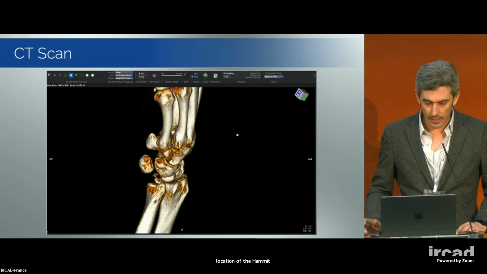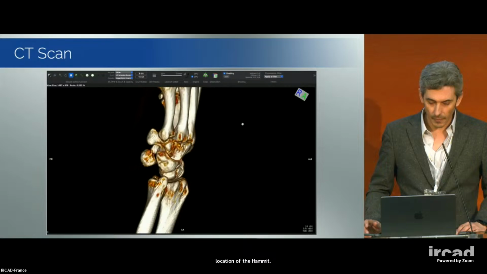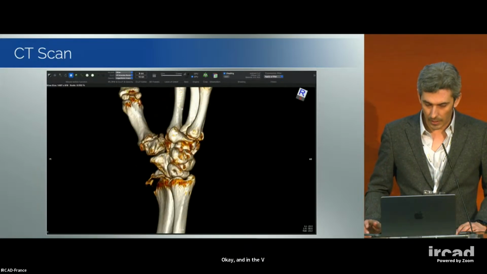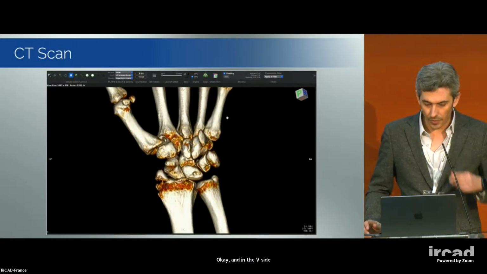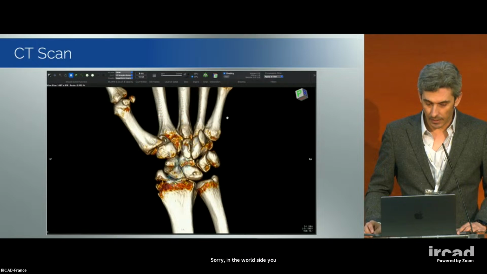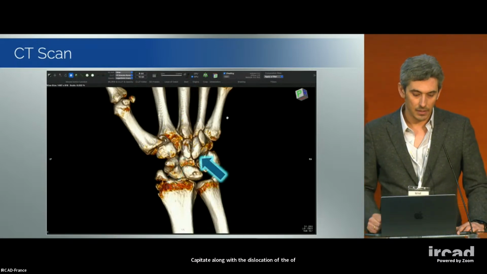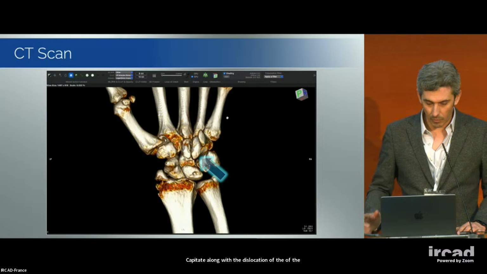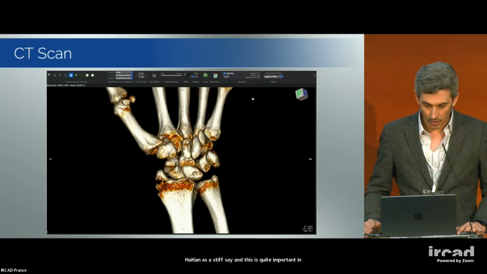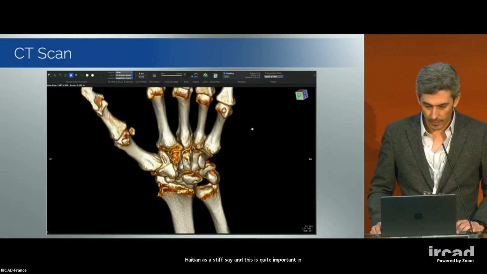And on the volar side you have a fracture of the capitate, along with the dislocation of the hamate, and as Steve said, and this is quite important, on the volar side of the radius is this small chip, okay?